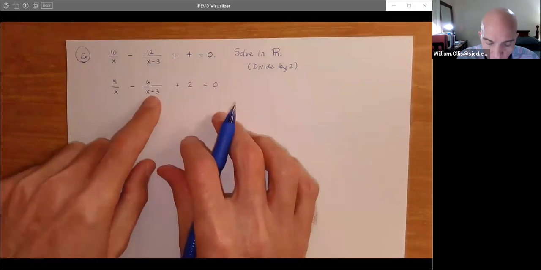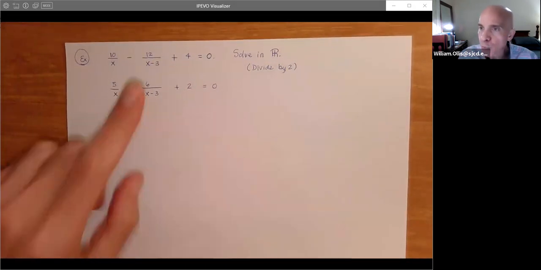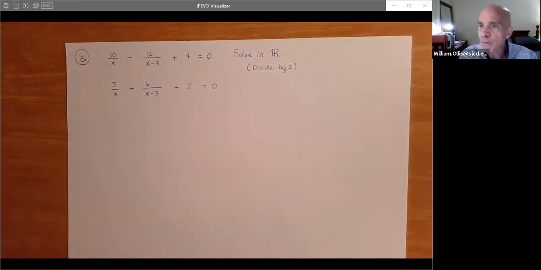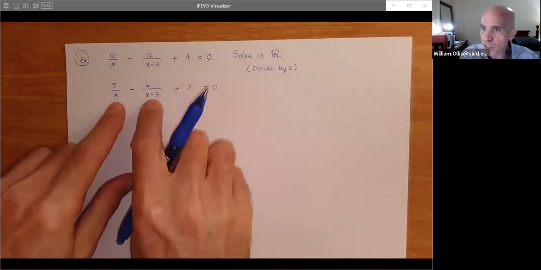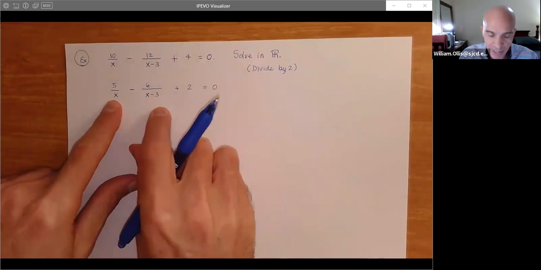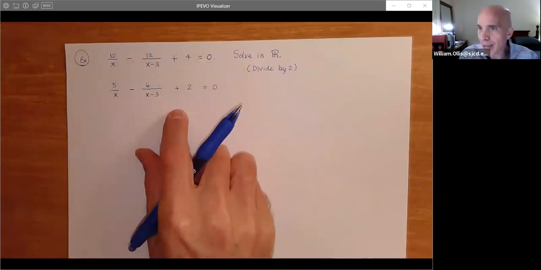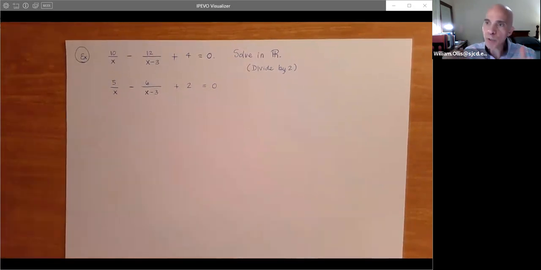Now, of course, we want to clear denominators because we're interested in finding out if there are actually some solutions other than the problems that just create division by 0, like 0 and 3. We clearly know that would never work. So we need to move the action of the x's into the numerator to see if that reveals an actual solution to this equation.